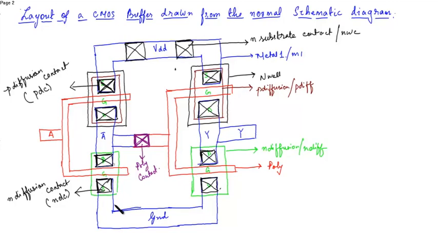Similarly, we have to place over here the P well contact or the P substrate contact, since this is present on the N diffusion side.